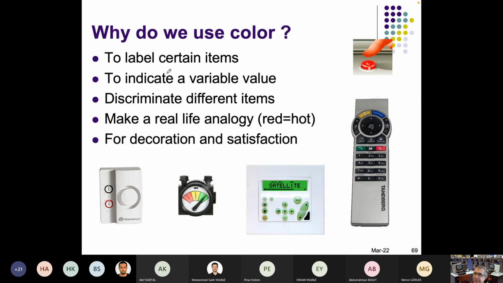And the use of color in the interfaces is various. It could be for labeling, for example, red versus black. Usually, red is more important. Some more important things are labeled with the red color, or something related to the health of the system.